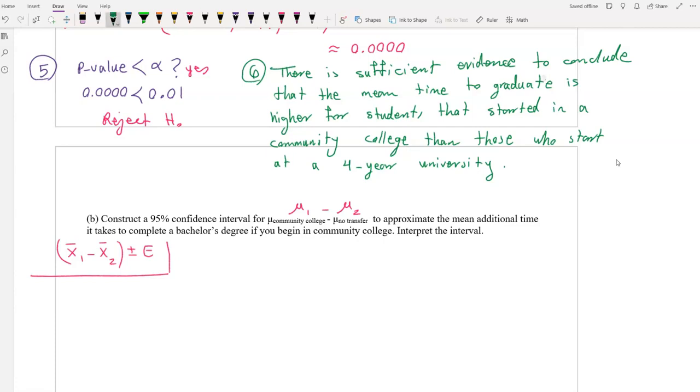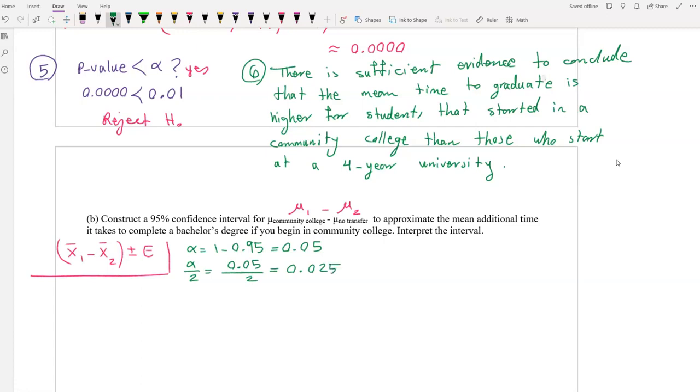First, we have to find alpha, which is 1 minus 95%, that is 5%, and alpha divided by 2. 5% divided by 2 is 0.025.